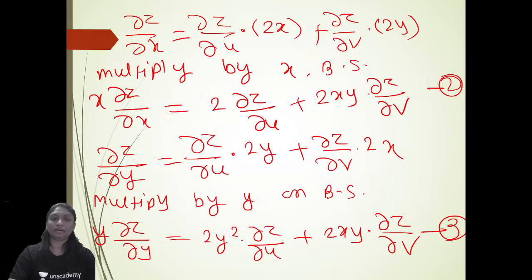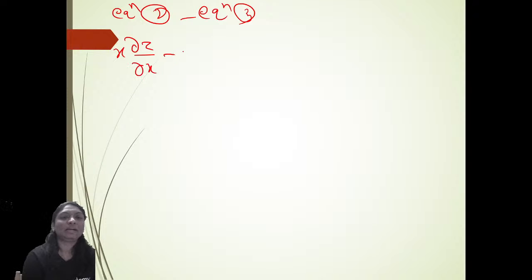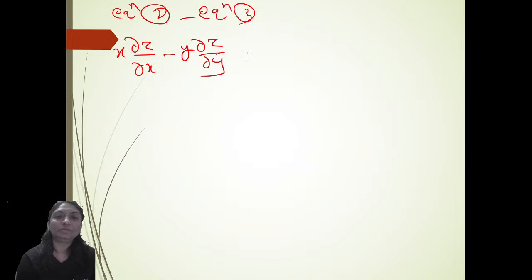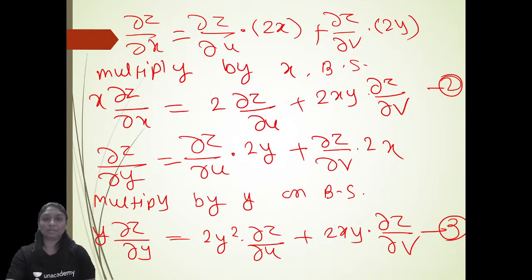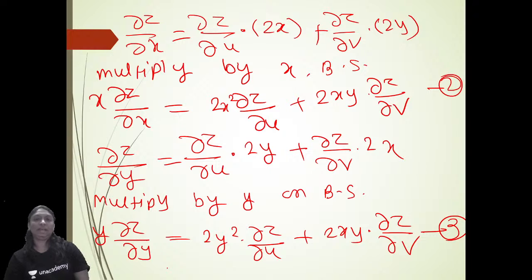So we get here x ∂z/∂x minus y ∂z/∂y is equal to, now see, here you will get, sorry, here is 2x square after multiplying by x, right?